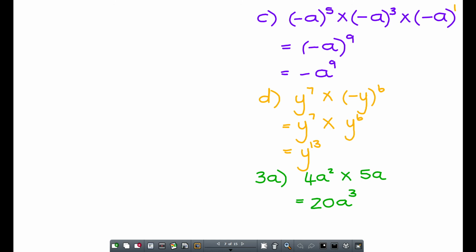So if I add them, my base would stay minus a, and then the 5 plus the 3 plus that 1 means that my exponent will be to the power of 9. Again, you could have stopped there, but if you went further and got rid of the brackets, a minus multiplied with itself 9 times, again, it's an uneven number, so your final answer would still be a negative a to the power of 9. Okay?